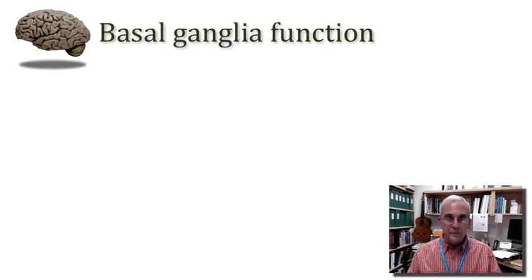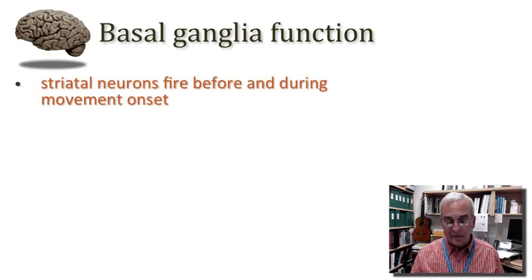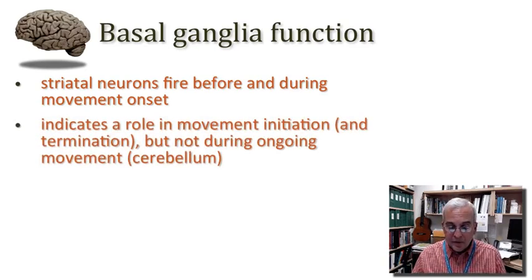So to set the stage for this discussion of abnormal function, let's first recap what we've understood about normal basal ganglia function. So the neurons of the striatum begin to fire just before and during the onset of movement. So this suggests that the role of the basal ganglia is the initiation and the suppression of movement.